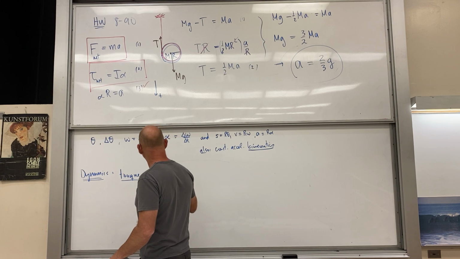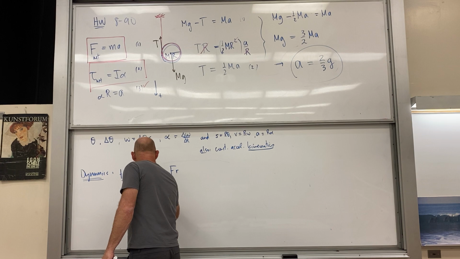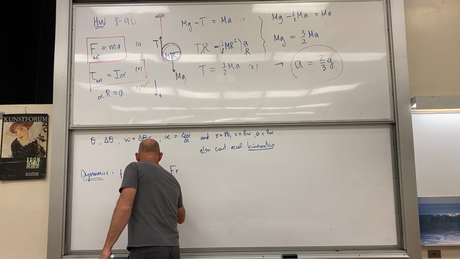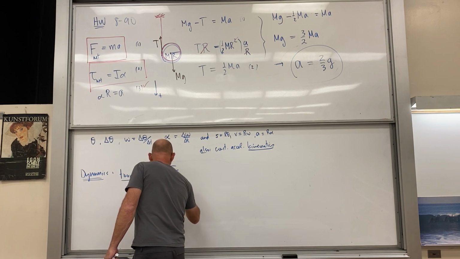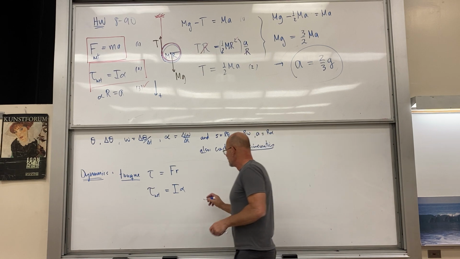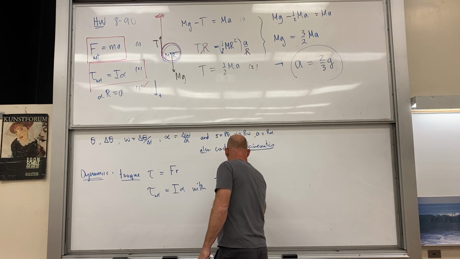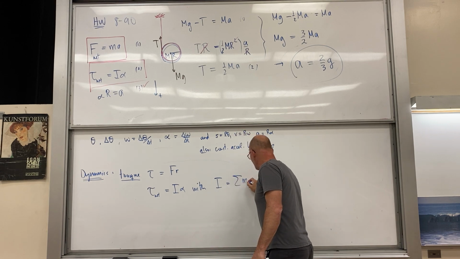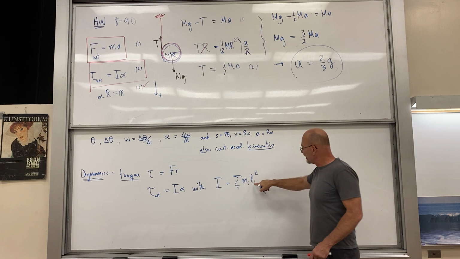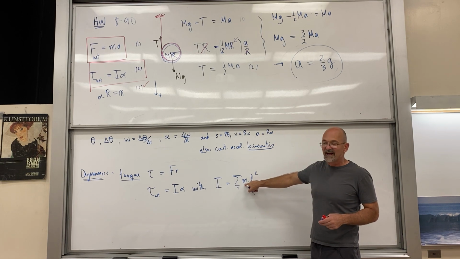We have moment of inertia. Well, let's go ahead and write down net torque equals I alpha. So that's our Newton's law of rotation that we just used, with I equal to the sum over m sub i L sub i squared. And this L sub i is the distance from that mass from the axis of rotation.